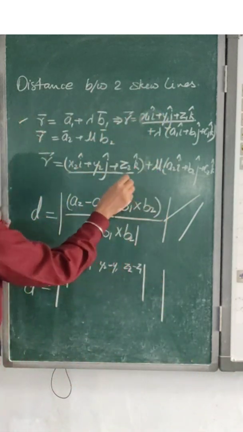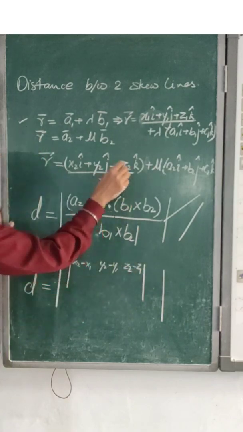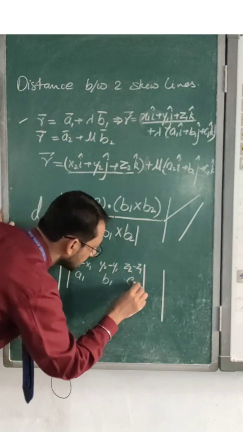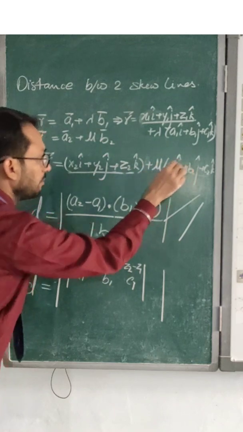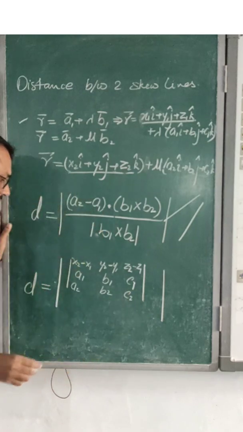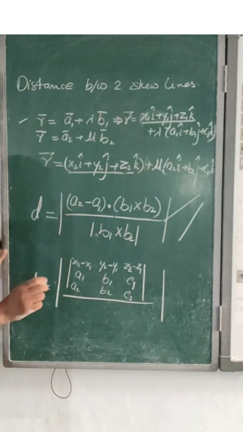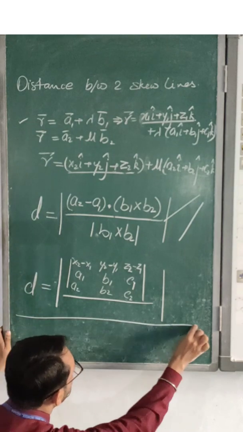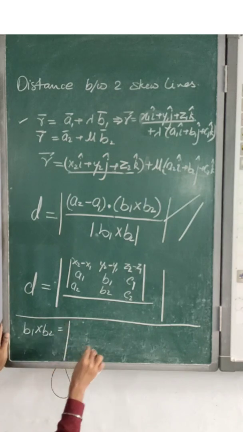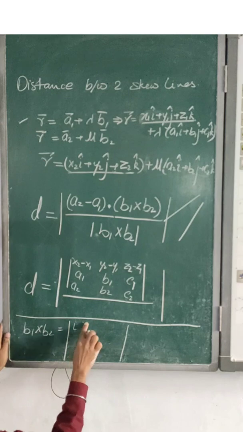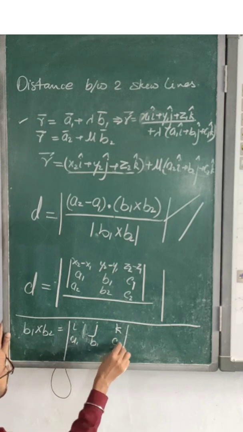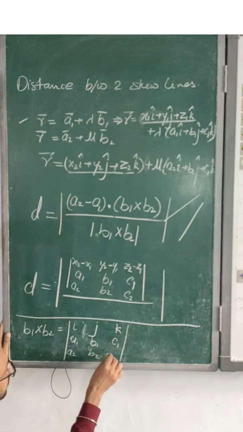Now b1 × b2 has i, j, k; b1 is a1 b1 c1 and b2 is a2 b2 c2.